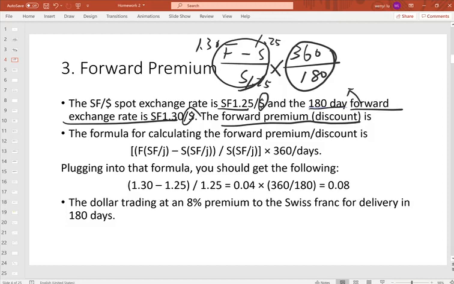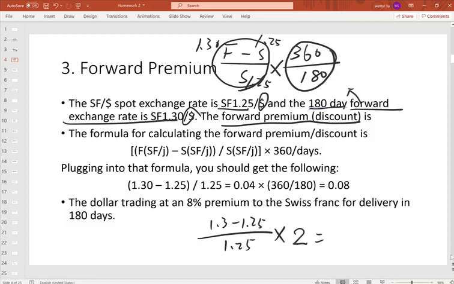Now you can solve our forward premium, because our forward rate is more than the spot rate, right? So 1.3 minus 1.25 over 1.25, then times 360 over 180 equals what? 2, right?